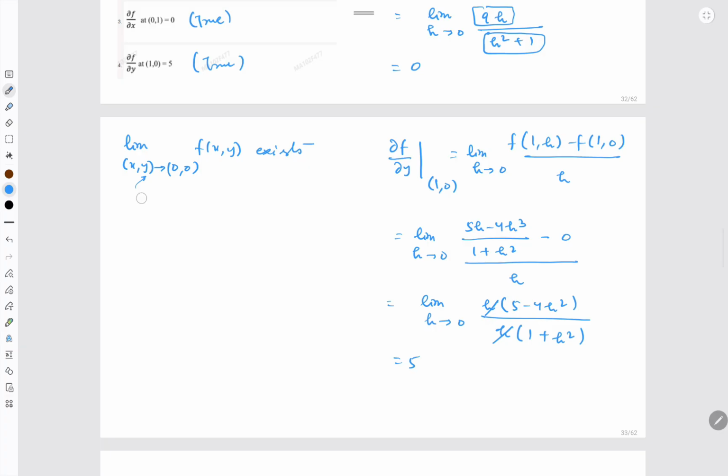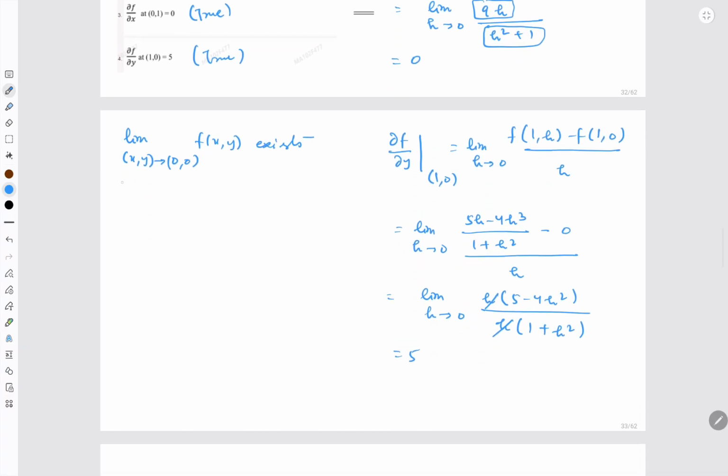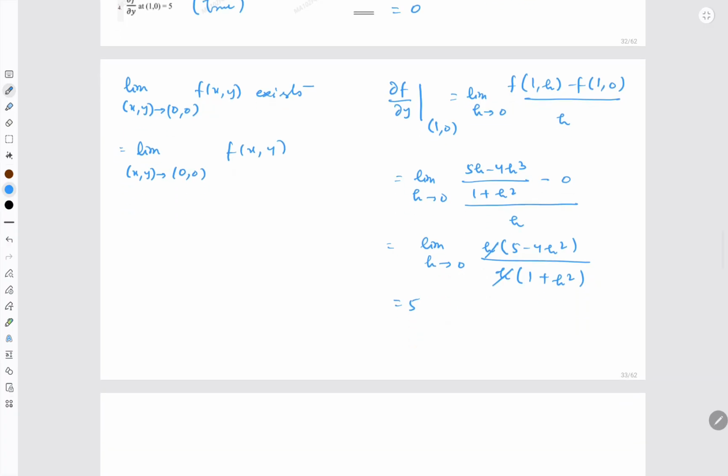So f of xy is basically equal to limit x comma y tends to 0 comma 0 of f of xy. If this exists, then we say that the limit exists. So basically we can do r tends to 0 in the polar form f of r theta, where x is equal to r cos theta and y equal to r sin theta.